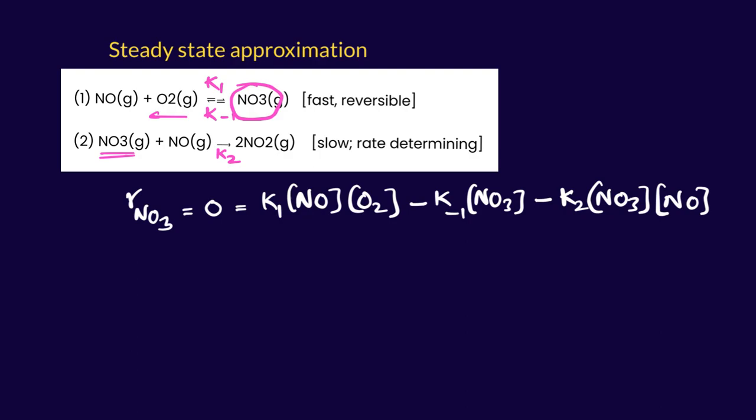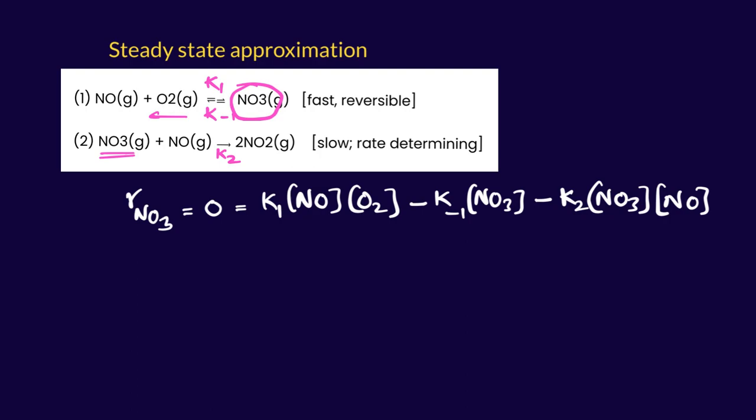Steady state approximation means that with respect to the intermediate, its net rate of formation is always 0, because it is formed in the first forward step, consumed in the backward step, and also consumed in the second step. Therefore, its concentration is constant and the net rate of formation is 0.